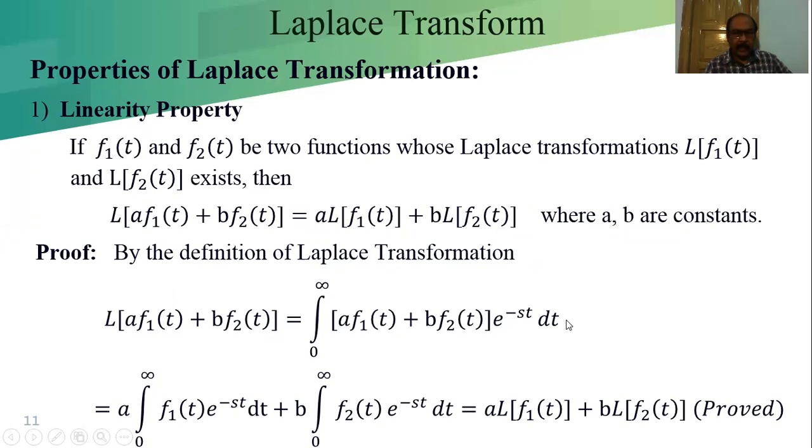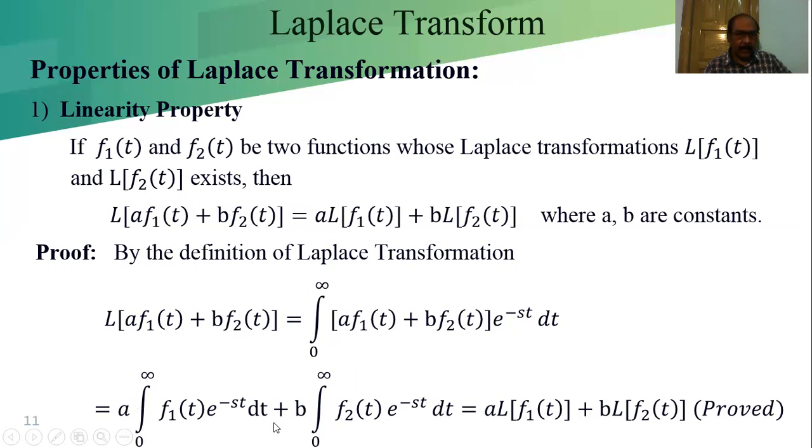Since it is an integration, we can break it into two parts, considering a f1(t) and b f2(t). a is constant, we can take it outside of the integration: a integral 0 to infinity f1(t) e to the power minus st dt, and here also b is constant, so we take it outside of the integration: b integral 0 to infinity f2(t) e to the power minus st dt.